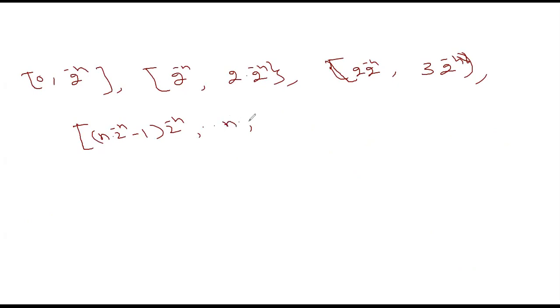Here it's 2 power n, sorry. So the last interval is from n minus 2 power minus n to just n.